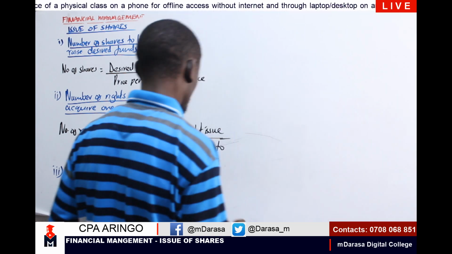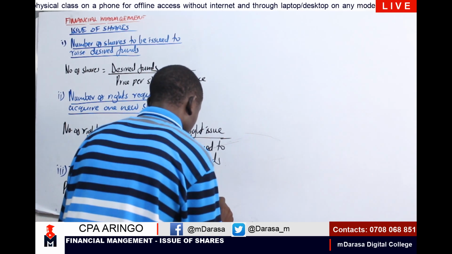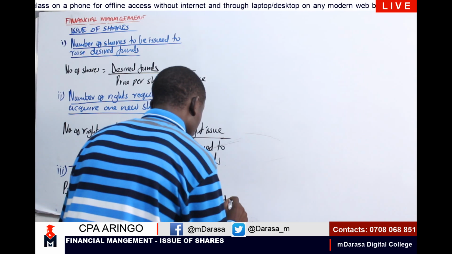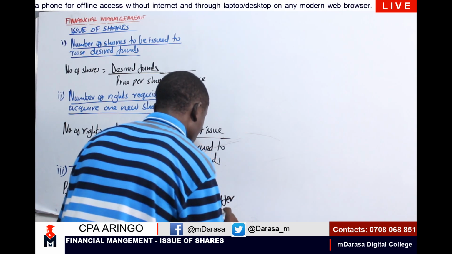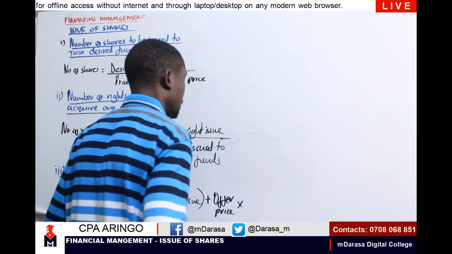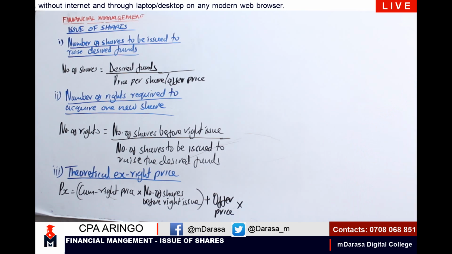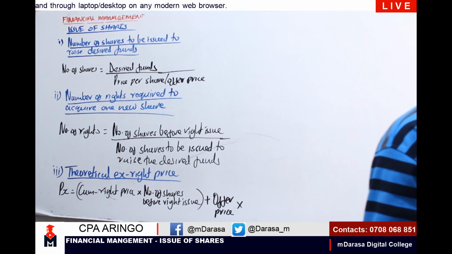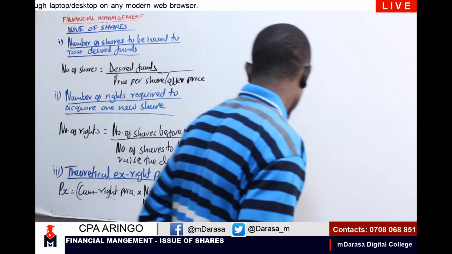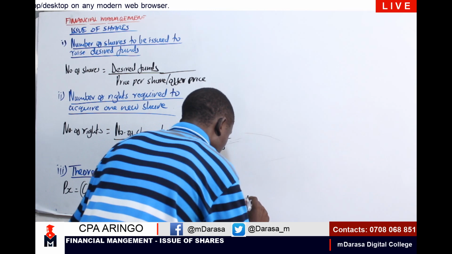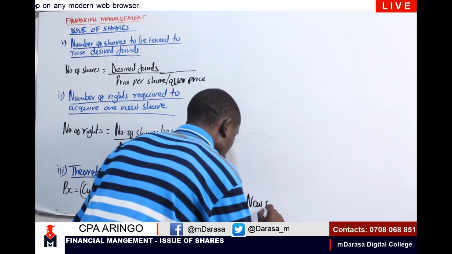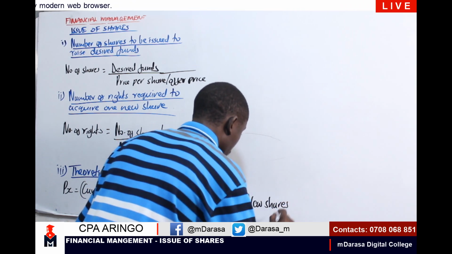That is the subscription offer price of these rights issues. Of course, we multiply here by our number of shares to be issued, the new shares.